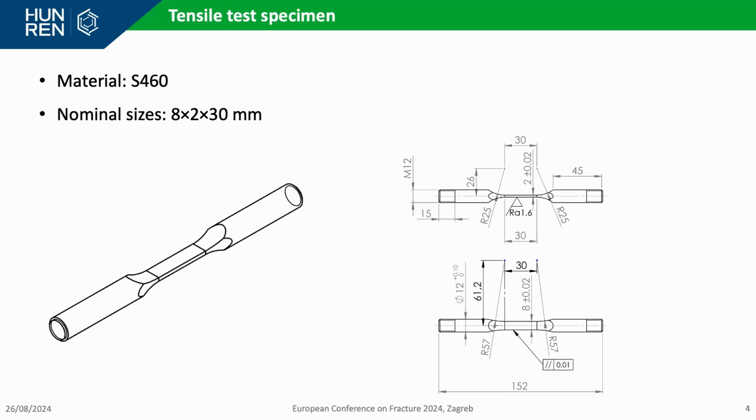These tensile tests have the nominal sizes at the gauge section of 8 millimeter width, 2 millimeter thickness, and 30 millimeter length. And the material is S460. This is a high strength structural material.